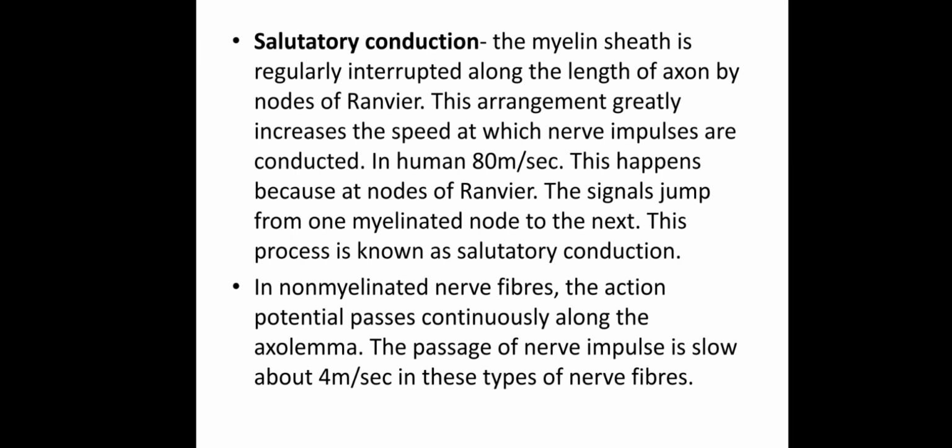In humans, the velocity of impulse conduction is about 80 meters per second. This happens because of the nodes of Ranvier. The signals jump from one myelinated node to the next. This process is known as saltatory conduction.